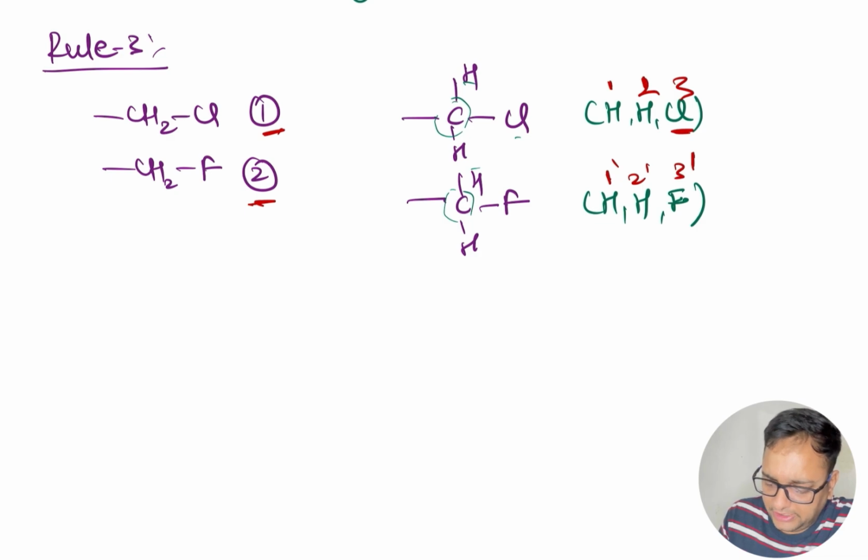That's how we have given the priority here 1, and here we have priority 2. So first just check the directly attached atom, that is carbon. Carbon is same. Now check their valencies. If the valencies are different, the priority will be decided according to that.